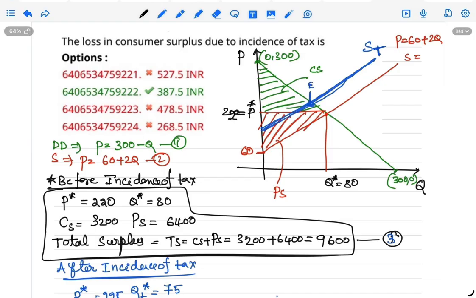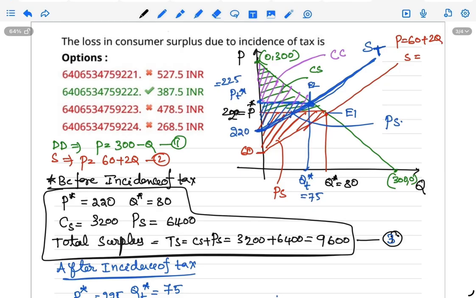Equilibrium point E2, this is E1. Okay, you have to find the area.